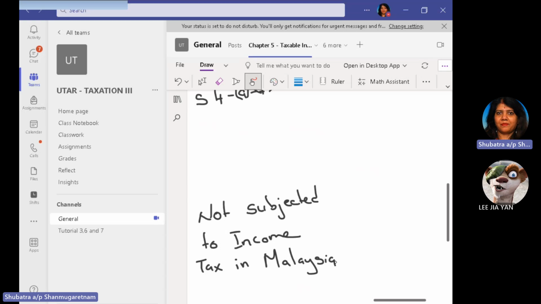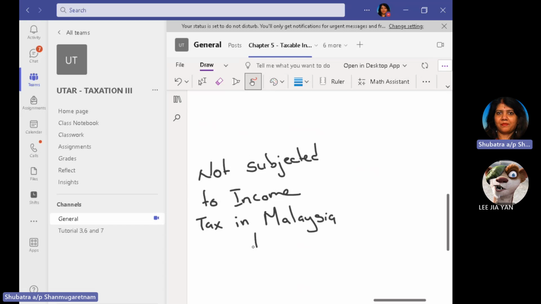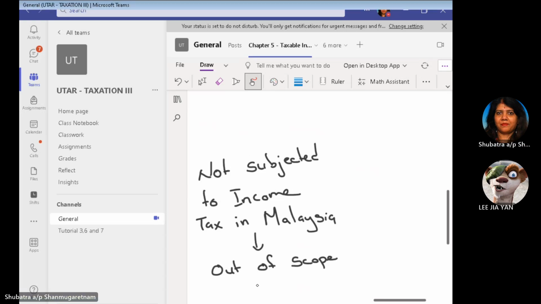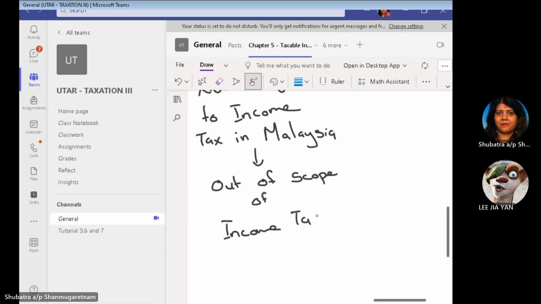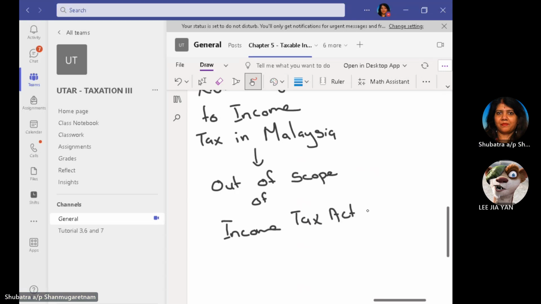All right, this is income not subjected to tax in Malaysia. So this income is known as out of scope of your Income Tax Act 1967. Out of scope of Malaysian Income Tax Act 1967. That means you are not within that scope.